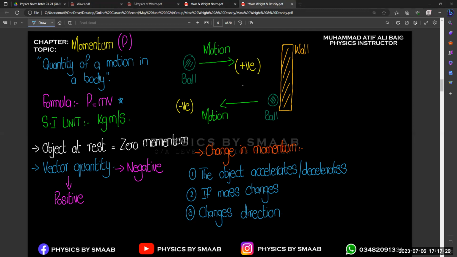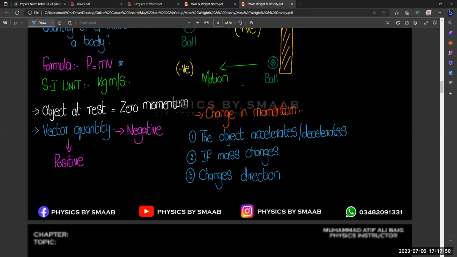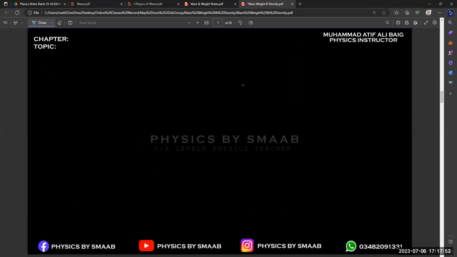So this formula is very simple, and if someone asks a question related to momentum, it will be very easy for you to solve the question. But the most important question from this section is related to the law of conservation of momentum, right? Because these are some basic definitions, concepts and formulas related to momentum. But if we want to talk about the law related to momentum, let's talk about that.